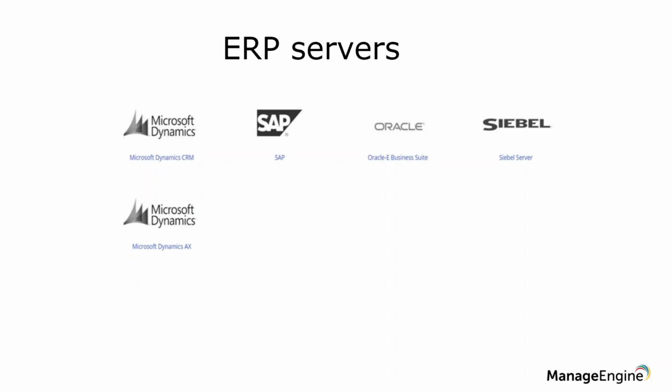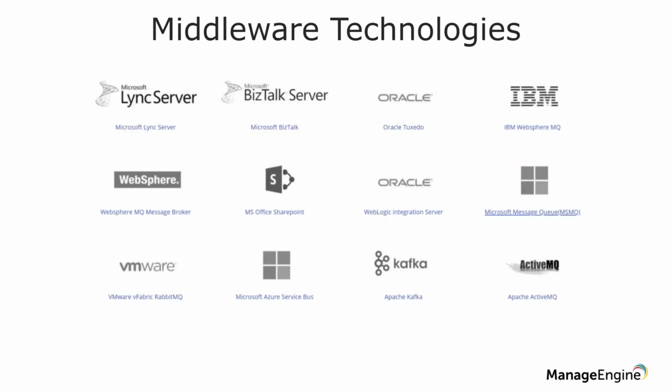The next category is middleware technologies. All commercially available middleware such as IBM WebSphere MQ, WebSphere Message Broker, MS Office SharePoint, BizTalk, Lync Server, and open source middleware such as Apache Kafka and ActiveMQ can be monitored in Applications Manager.